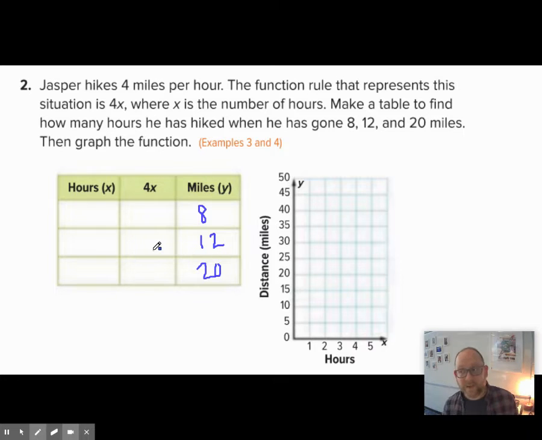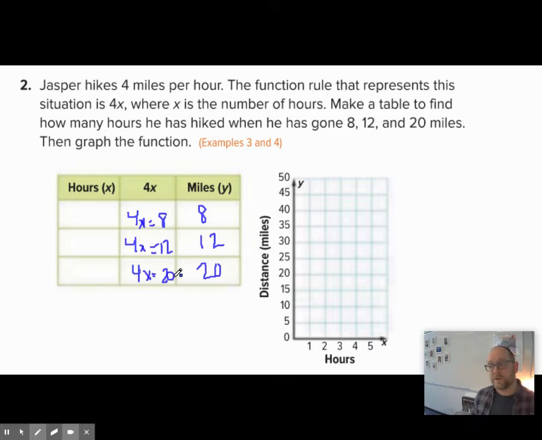Now we're working backwards here because 4 times x, in this case, is going to equal 8. Over here, we're going to have 4 times x, and we still don't know what x is, equals 12. And for our last one, we have 4 times x equals 20.